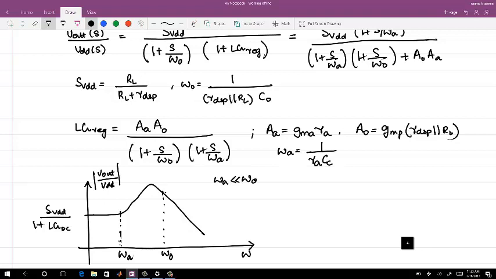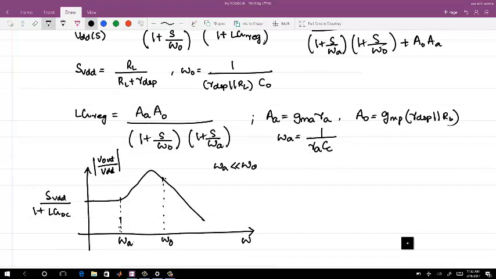And the regulator bandwidth will be somewhere here.